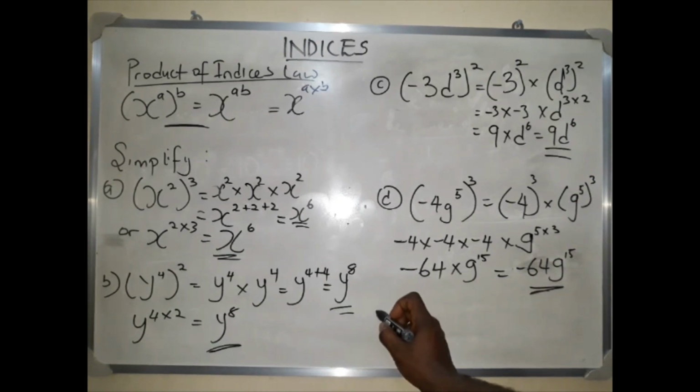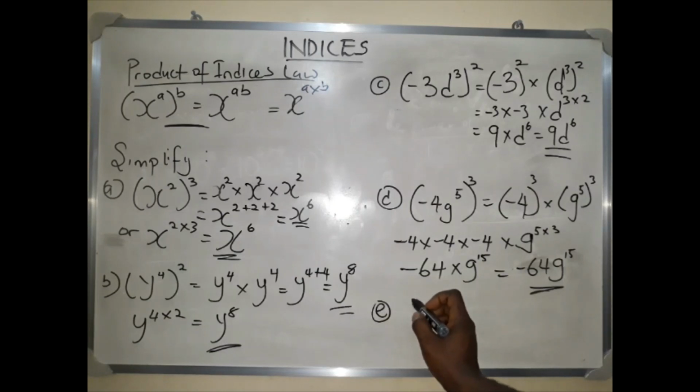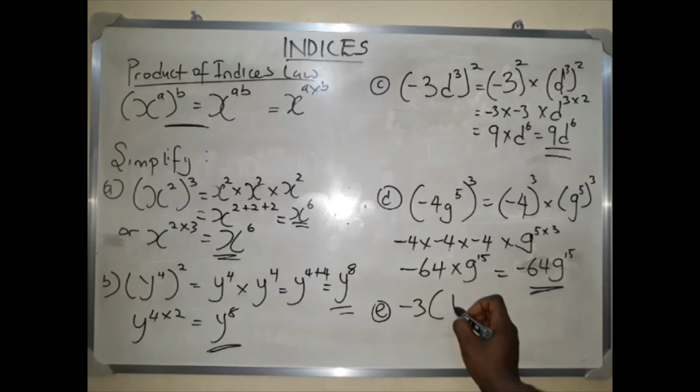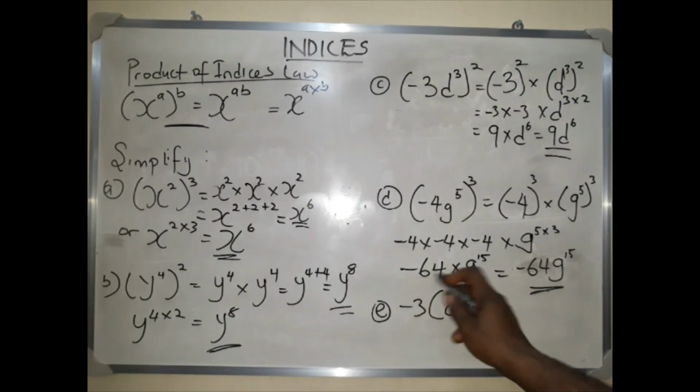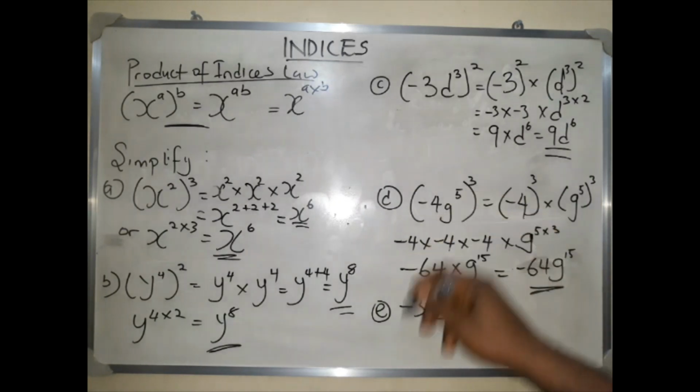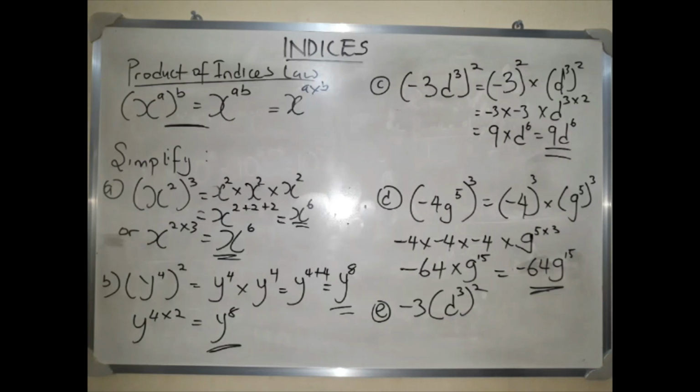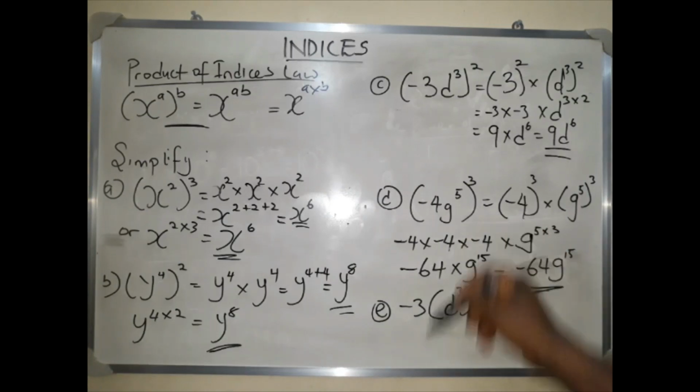But sometimes you may be given something like this: minus 3 in bracket d raised to the power 3, all raised to 2. As you can see in this example, minus 3 is not inside the bracket, it is outside the bracket. And this power of 2 is raising what is inside this bracket only.